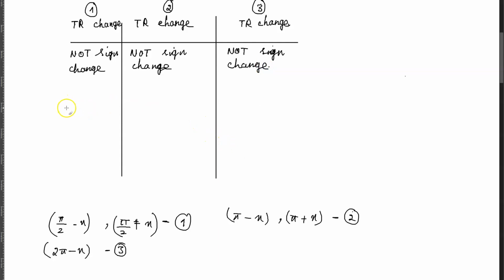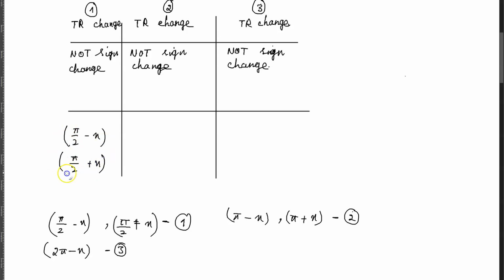So I have this table over here, and again, to understand what is case 1, 2, and 3, I'm going to write here pi by 2 minus x, pi by 2 minus x, and pi by 2 plus x. I'm going to write here pi minus x and pi plus x, and I'm going to write here 2 pi minus x, and over here I have nothing.